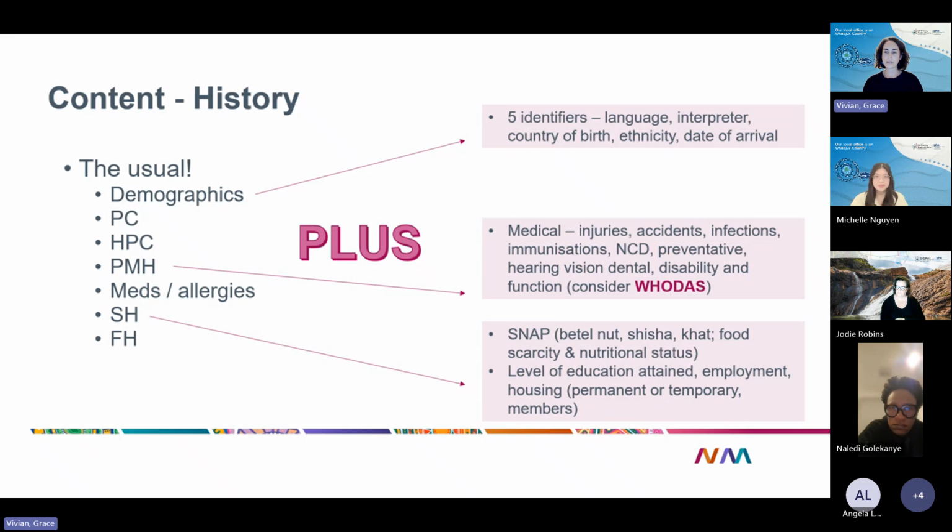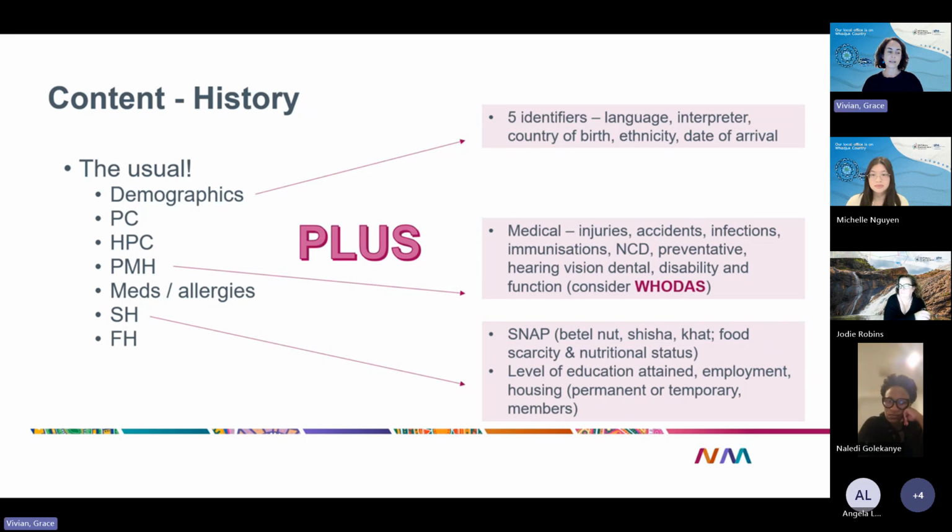Perhaps before coming to Australia in a transit country, they weren't able to access meat or fresh fruit and vegetables. We also want to know about what their access is like here in Australia. Do our Muslim patients know where to get halal food? Do they have enough money after they've paid their rent to be able to buy foods that are culturally appropriate?